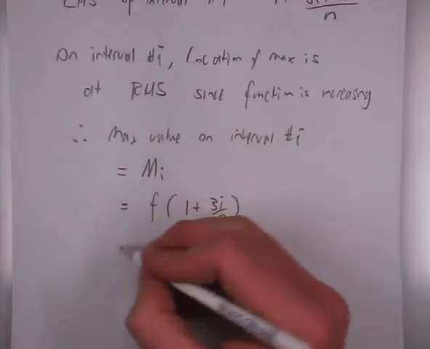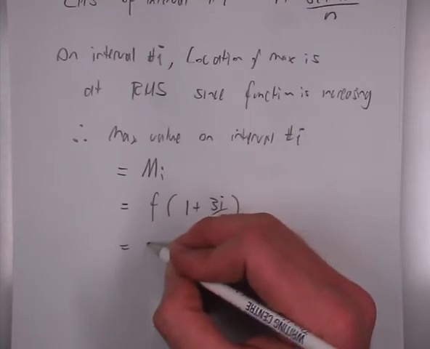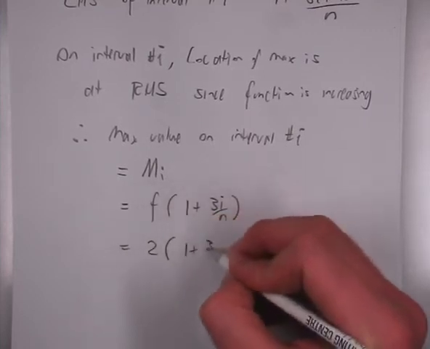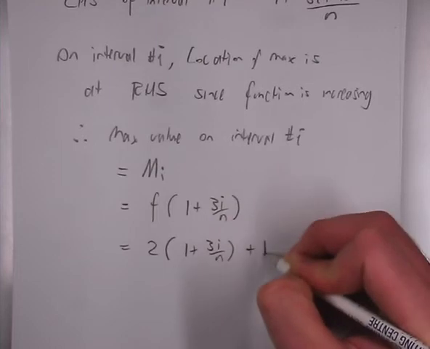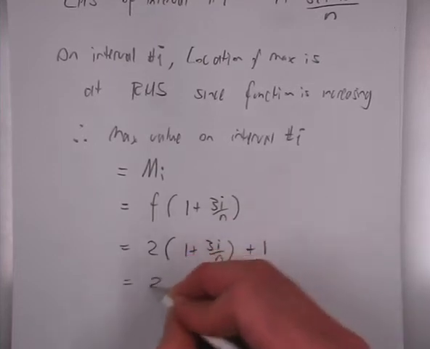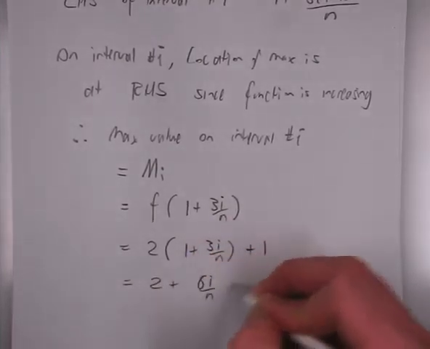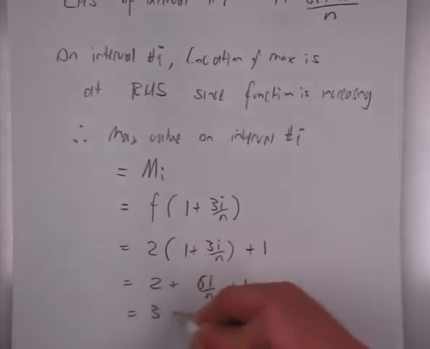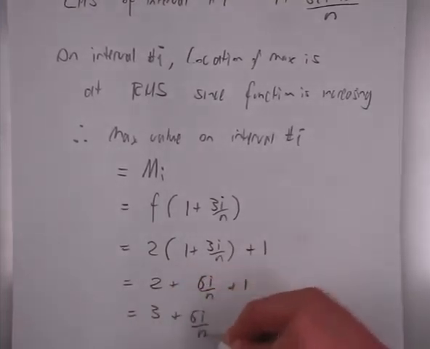When I put that into the formula, it's 2x plus 1. And now I have a formula for the maximum on interval number i, because I subbed in the right-hand end.